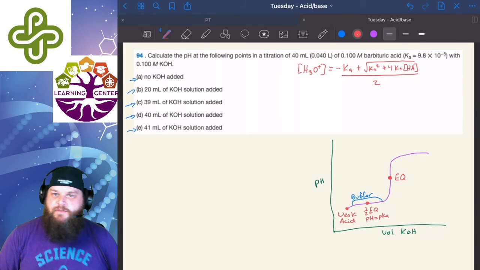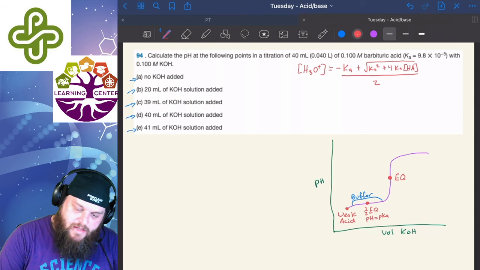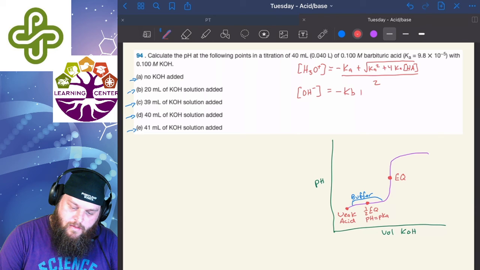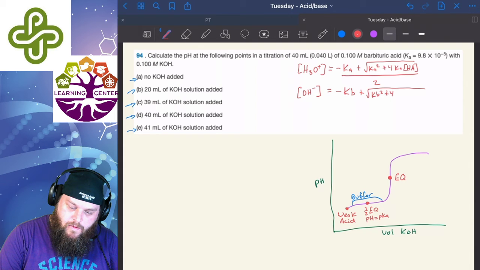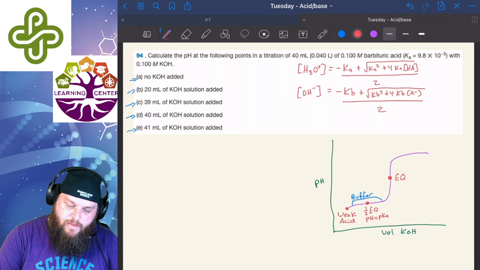You just have those moles of conjugate base there. And for here, we use a similar quadratic formula, but this one we're calculating the OH minus. And that's going to equal negative Kb plus the square root of Kb squared plus 4Kb times the concentration of my conjugate base, all divided by 2.